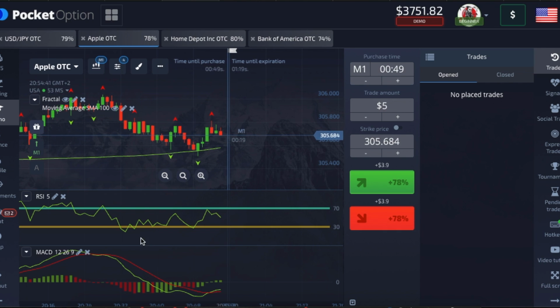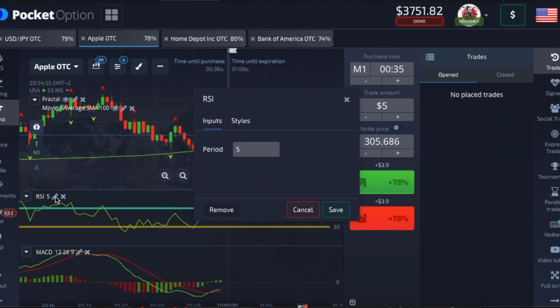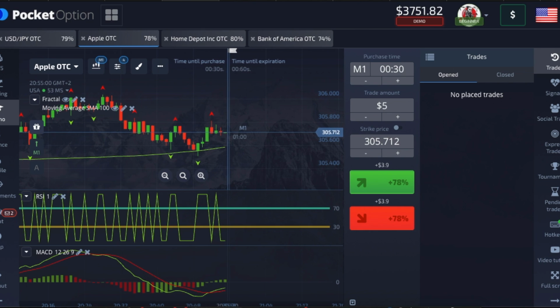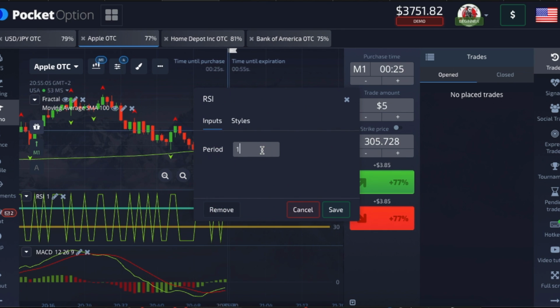So if it's at 1, it looks like that. That's crazy, right? Now if, let's say we do 3, that's what 3 would look like. So you have an idea of whether it's going up or down, but as you can see, it moves way too fast, right?